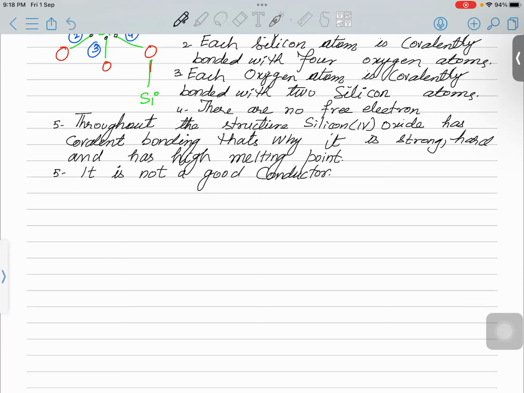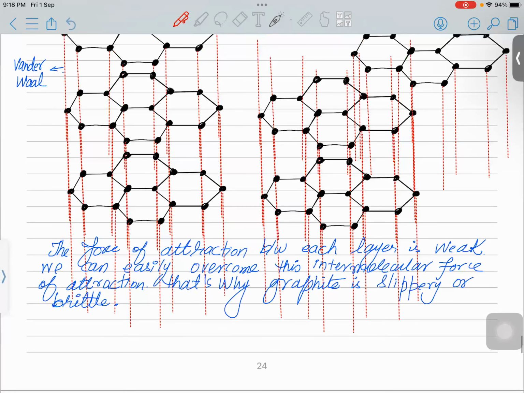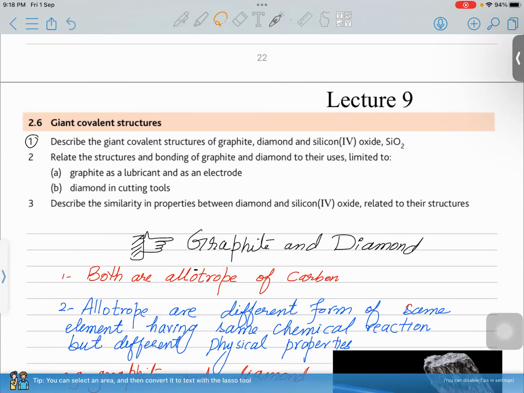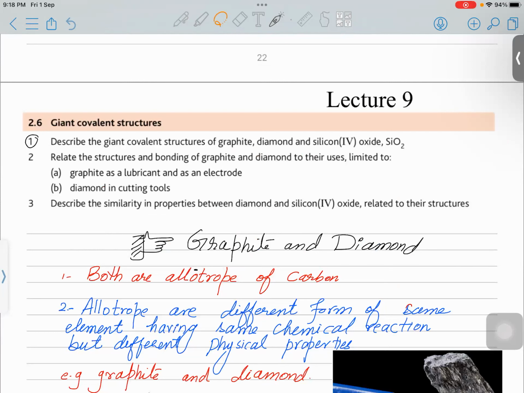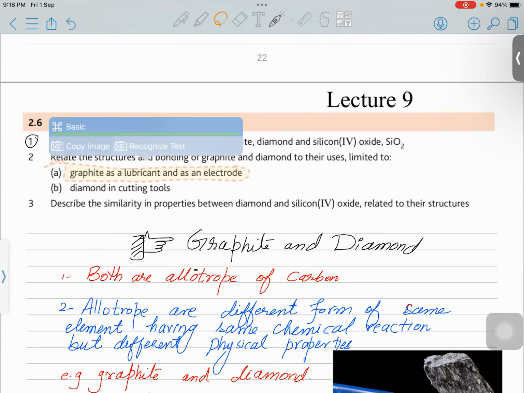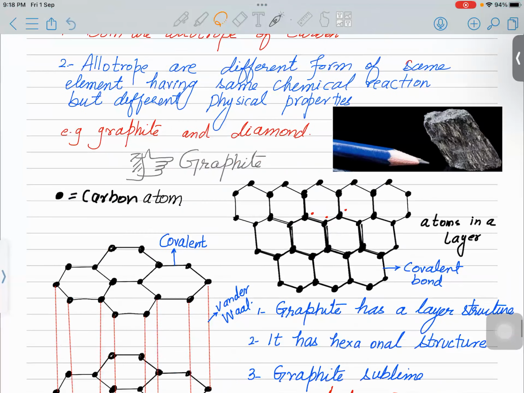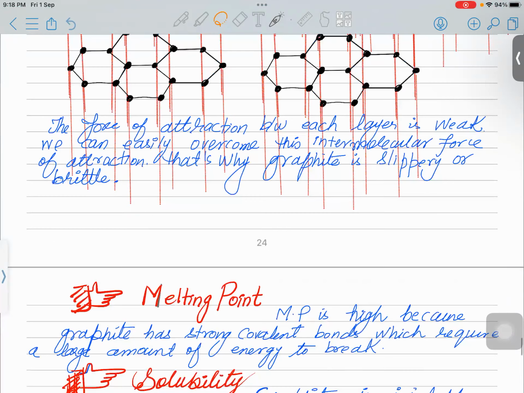So next is graphite as a lubricant and electrode.